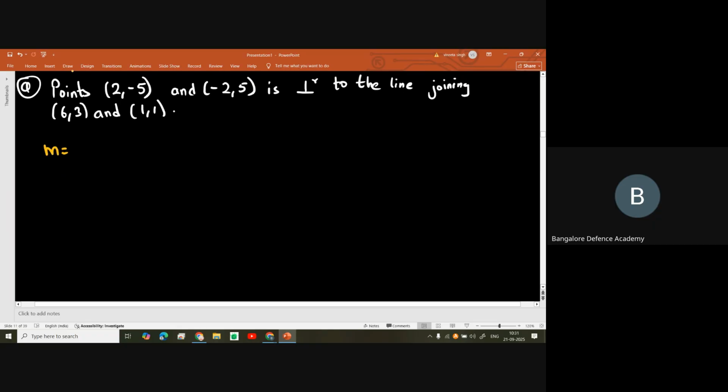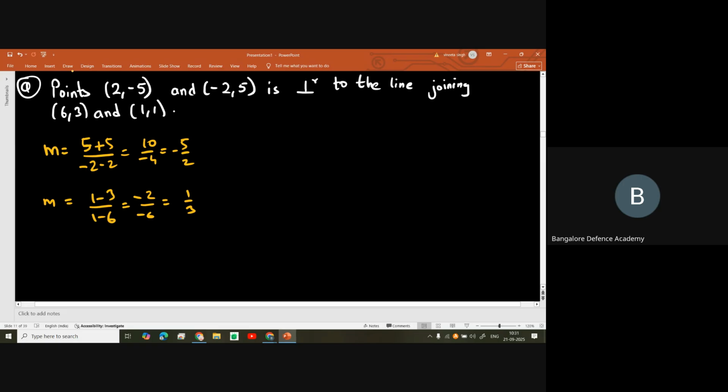Once again, find the slope of the two lines. This will be 5 plus 5 by minus 2 minus 2, 10 by minus 4, that is minus 5 by 2. And the second slope: 1 minus 3 and 1 minus 6. So minus 2 by minus 6, that is 1 by 3.